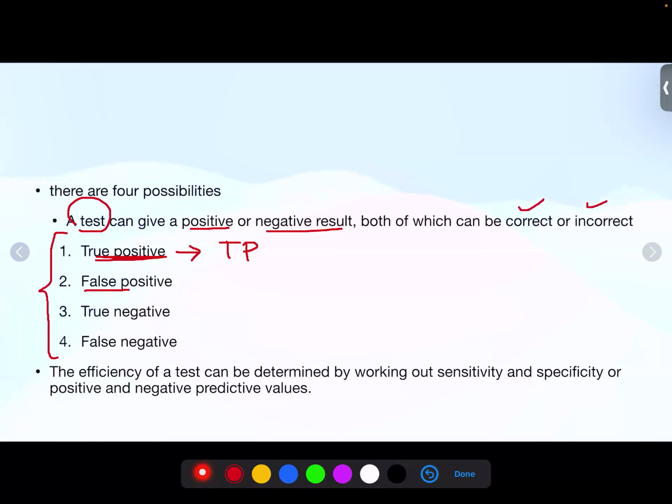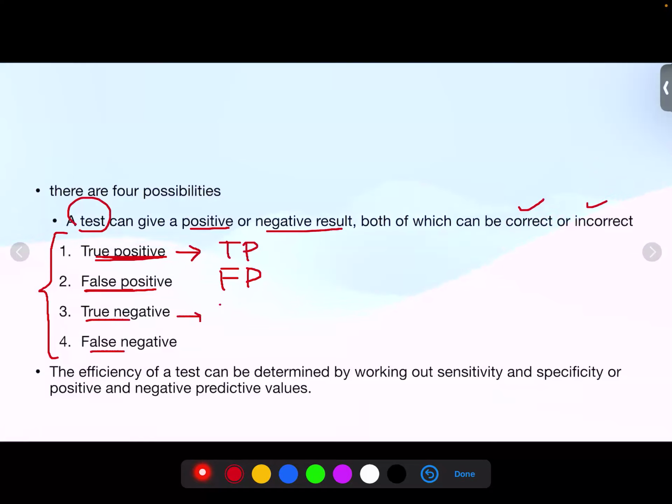And then there is the false positive, where the test shows a positive result, but it is actually false. This individual does not have any kind of disease, so it is termed a false positive. Now in negative we have two categories: true negative and false negative.